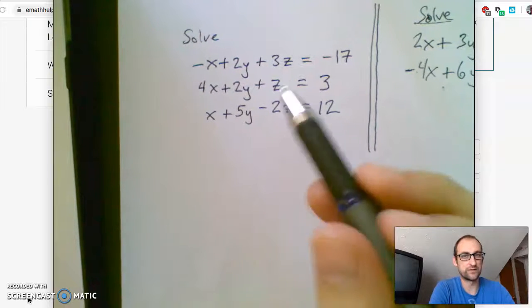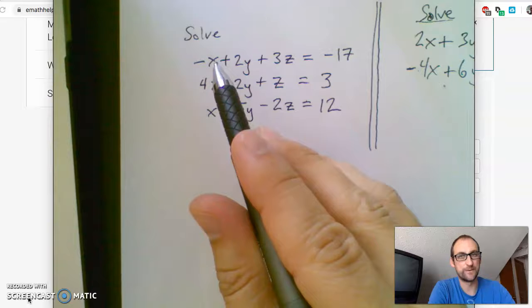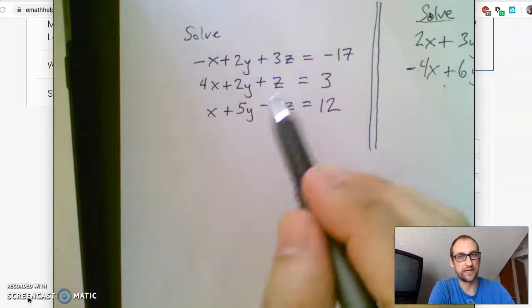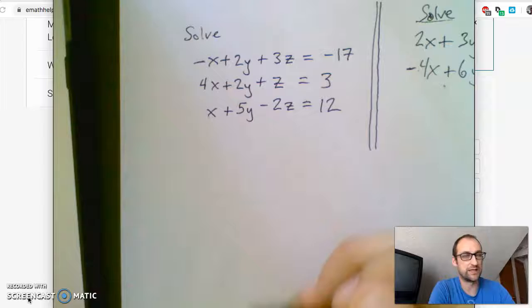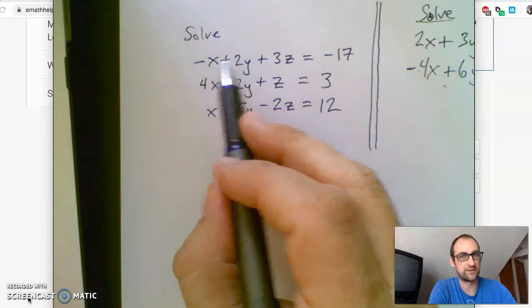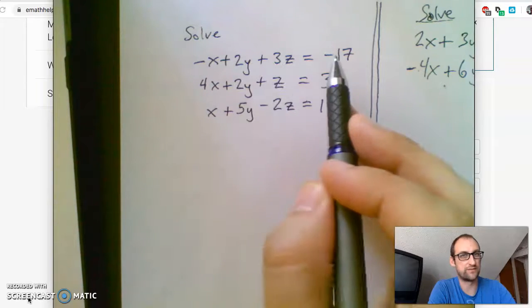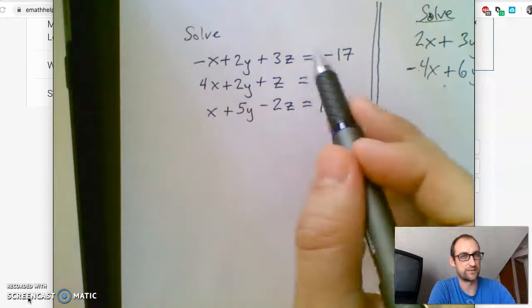In order to turn this into a matrix, you basically have to get rid of all the x's and the equal signs and all the junk you don't need, and all you really want to keep are the coefficients. So if I look at this, I really have 1, 2, 3, 4 things across the top, and those are my columns.